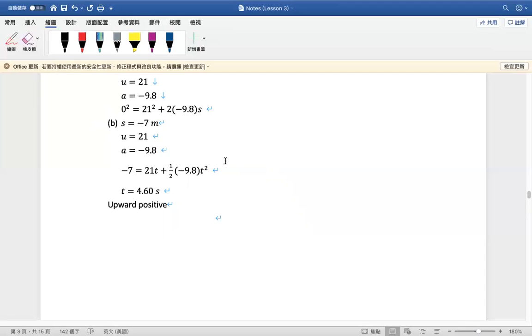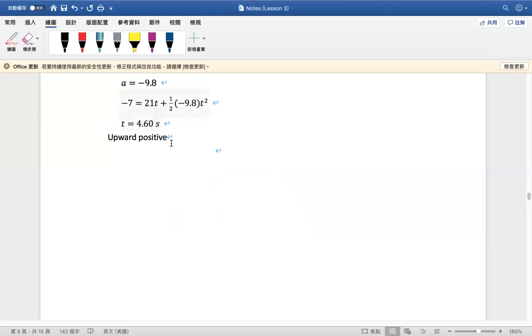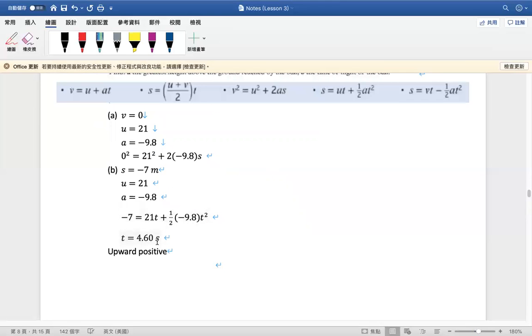For example, if you talk about the time for it to reach the ground, and you start from the ground and end at the ground, then there will be one answer that is positive and one that is zero. Can you figure out why?